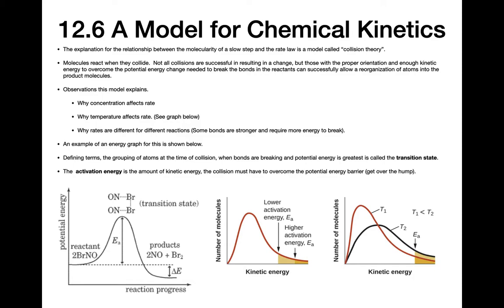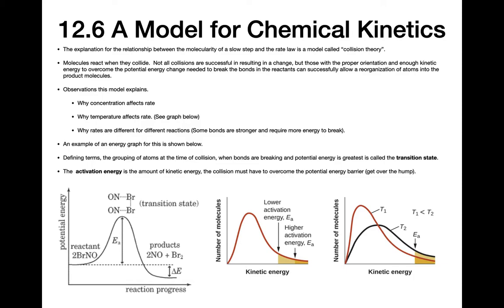Reactions occur because molecules collide, but not all collisions between molecules are successful at resulting in a chemical change. Only the collisions that have the proper orientation of the molecules and enough kinetic energy, because you have to get kinetic energy to overcome the potential energy change you need to break the bonds in the reactants so you can form the bonds in the products.